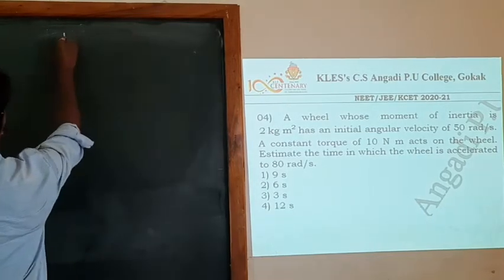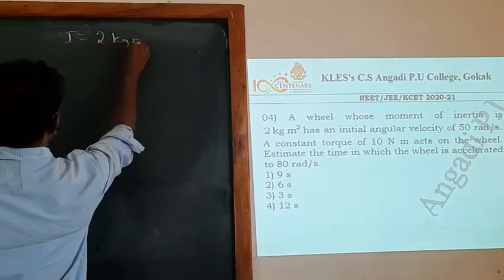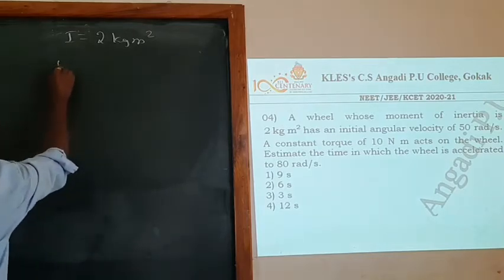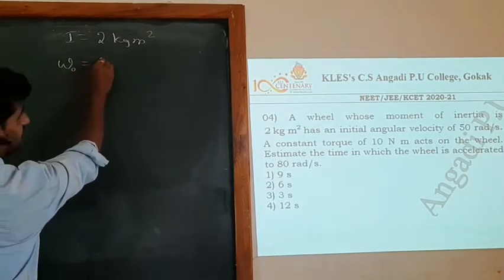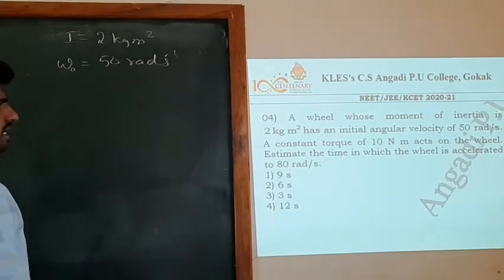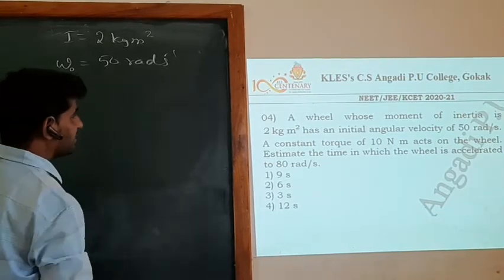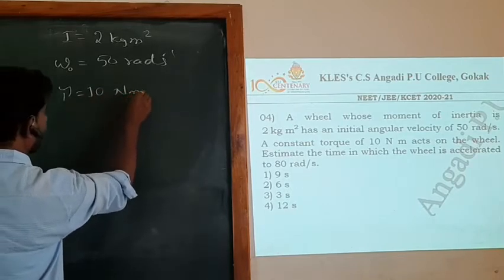They are given the moment of inertia of that wheel, 2 kg meter square, and the initial angular velocity. Angular velocity means omega; for the initial, I have written omega naught, and its value is 50 radian per second. A constant external torque acts on that wheel, and its value is 10 newton meter.